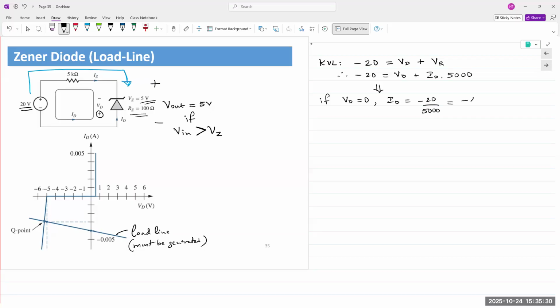This gives me minus 4 milliamps. If X is equal to 0, what is the value of Y? And if Y is equal to 0, what is the value of X? That is effectively what we do for the load line. We find our equation, plug in x equal to 0, y equal to 0, and find the value for the other coordinate. So now if ID is equal to 0, what is the value for VD? Simply equal to our supply voltage.